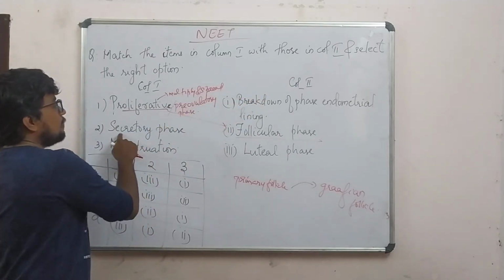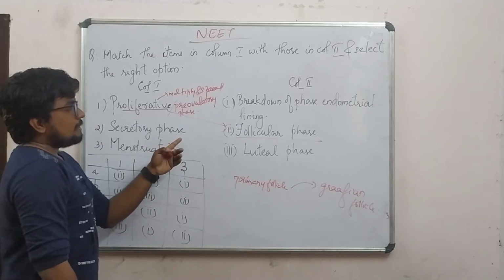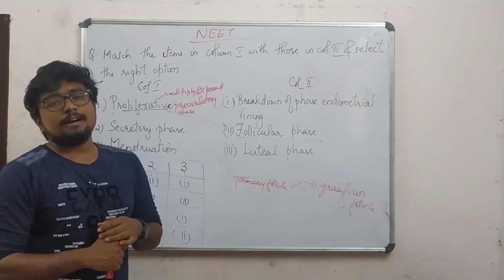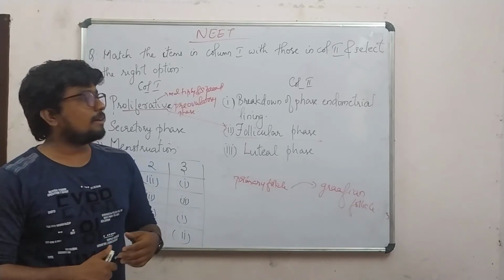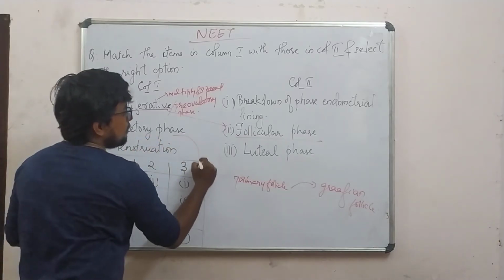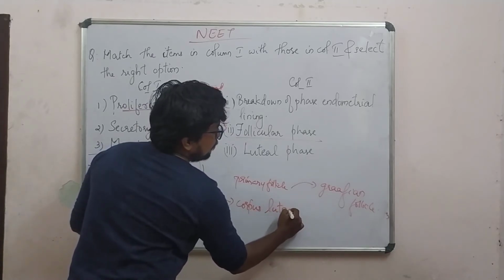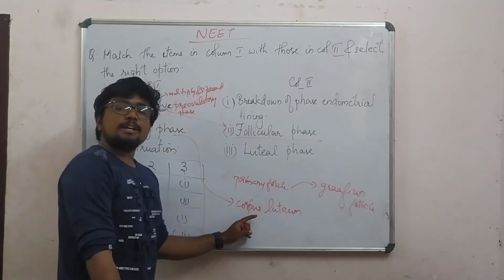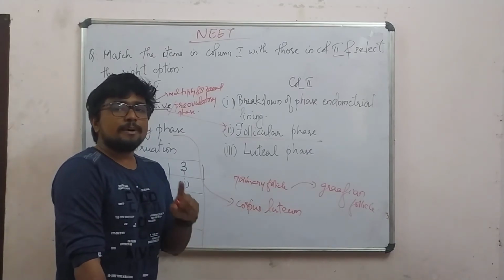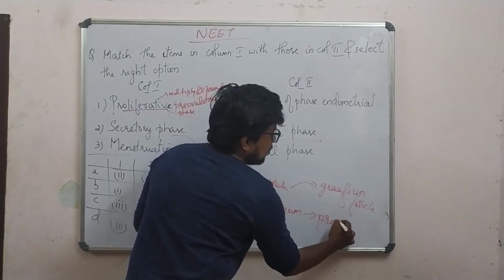Okay. Now coming to the next one, secretory phase. And as we all know, secretory phase is another phase in the menstrual cycle of the biological life of a female body, and it is in this secretory phase that corpus luteum is produced. Corpus luteum is produced. And what is the function of corpus luteum? It is responsible for the production of progesterone in the female body. So I will note it down here, progesterone.